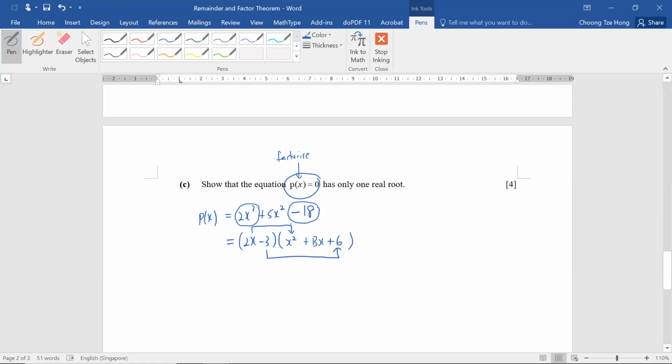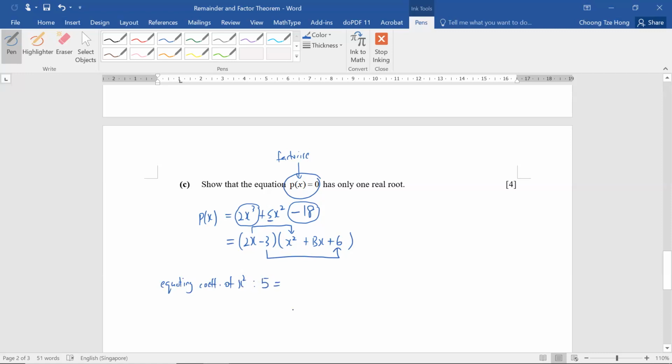To find the value of b, we will equate the coefficient of x squared. The coefficient of x squared in the original question is 5, so we put 5 here.